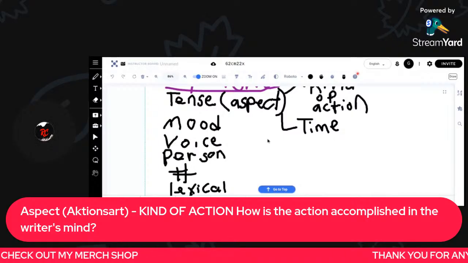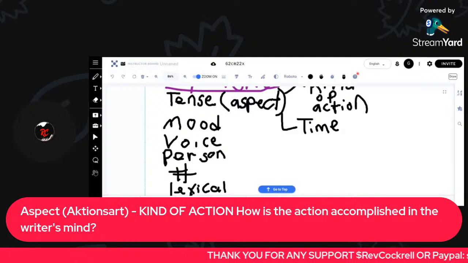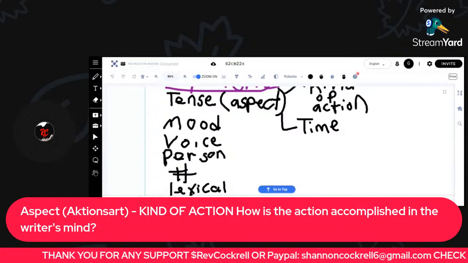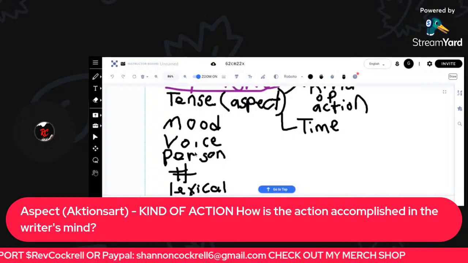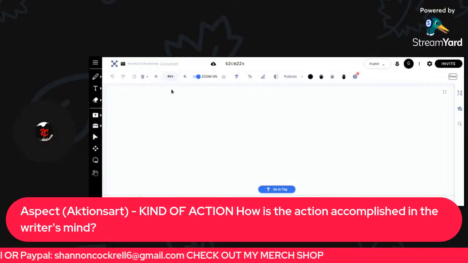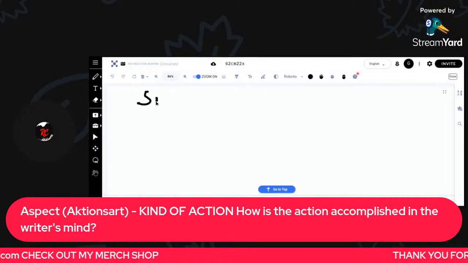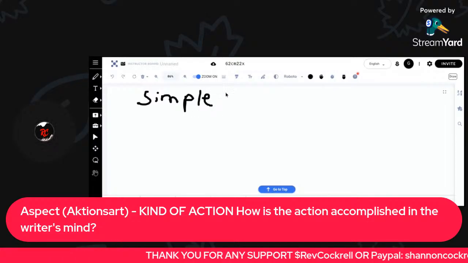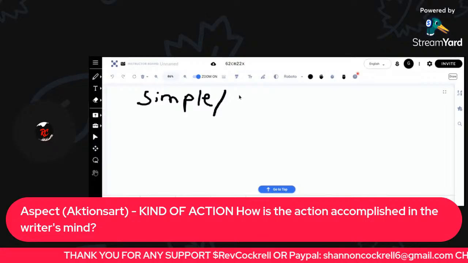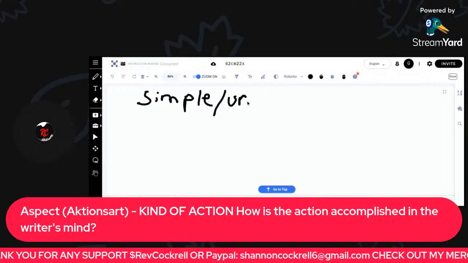And so aspect deals with how the action is accomplished in the writer's mind. How is he portraying the action? When we look at that, we have simple, or undefined aspect.